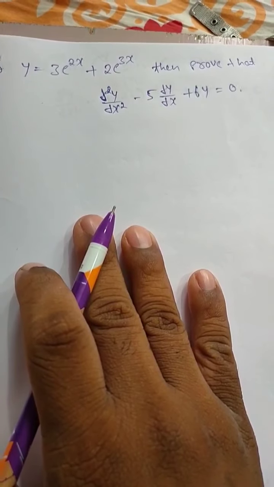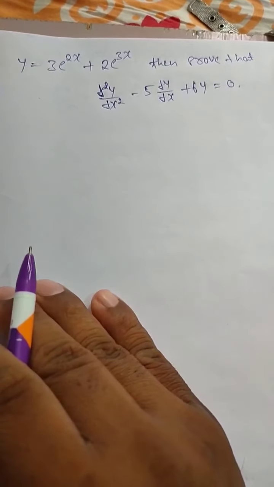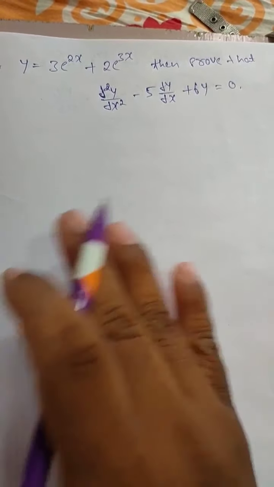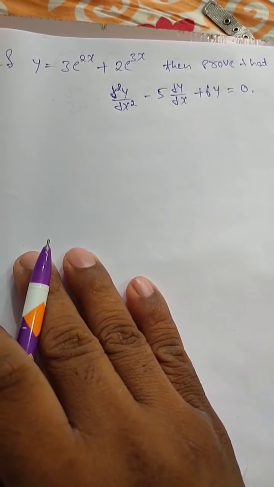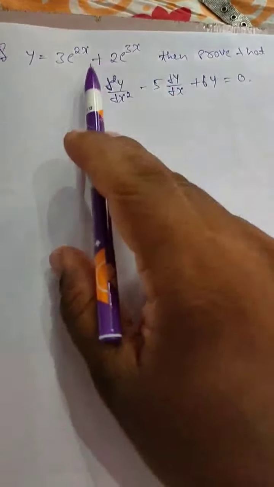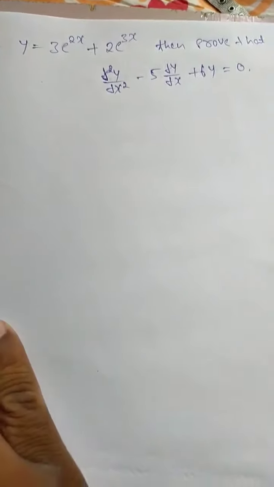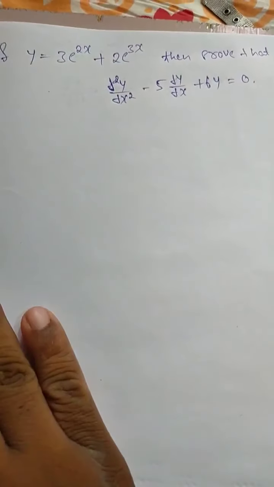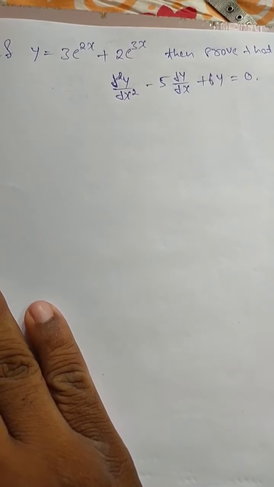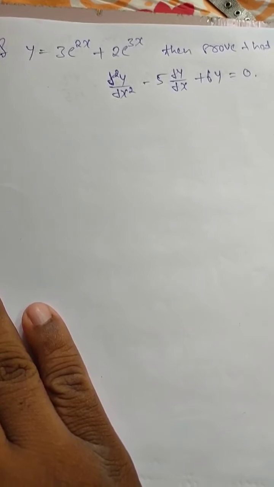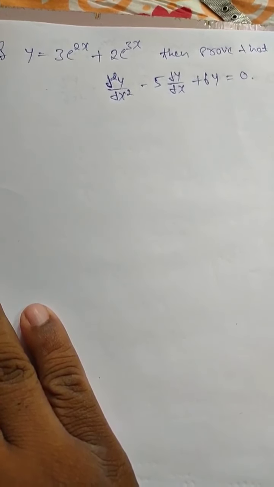After the differentiation, we rearrange the terms and prove the given equation. In method 1, we differentiate the function twice and substitute into the left hand side, and we get the right hand side. This problem and the next problem we are doing today, these two problems we will do by using method 1.